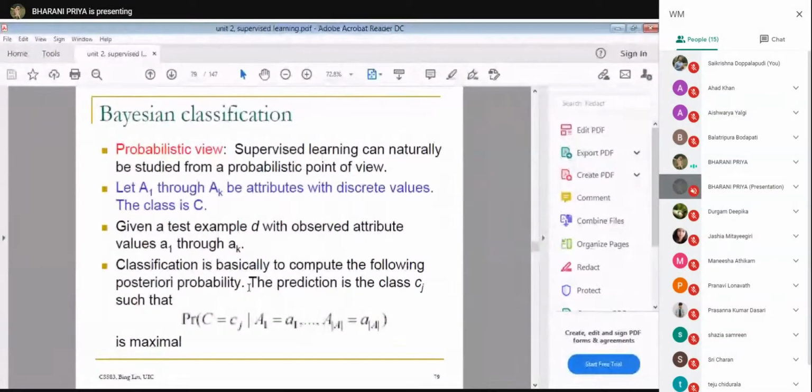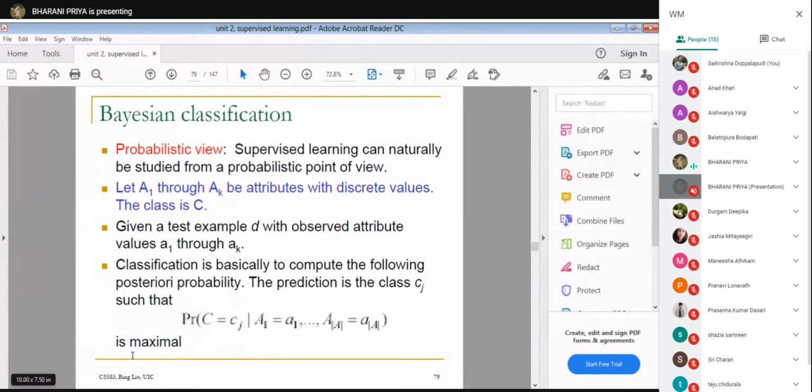First we'll study the probabilistic model, wherein we need to determine the class Cj given the attributes, and the prediction is done based on the higher probabilities.